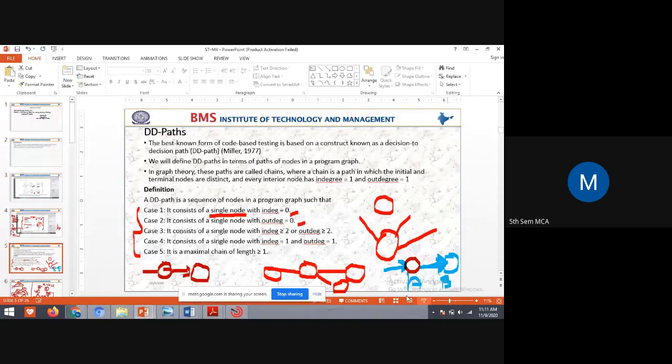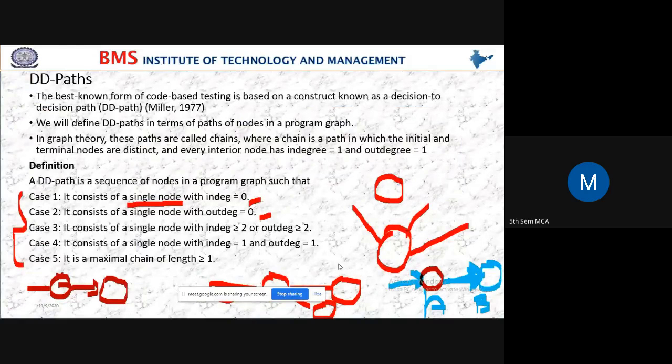Yes, student, the conditions, yes. Srinivas, you are right. The conditions of DD path, that is the 5 different cases. So these are all the conditions for DD path.